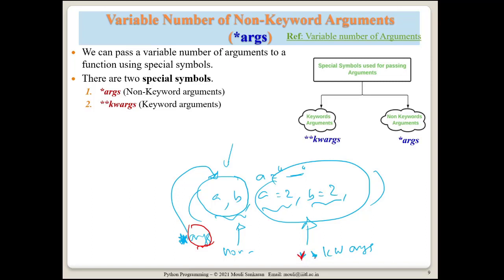Similarly, this double star in your argument list or parameter list says that you have a variable number of keyword arguments, but it need not be exactly this. You don't have to give kwargs, you can give anything, but the convention is to use this. Anybody reading your code will be able to understand what this function is expecting.